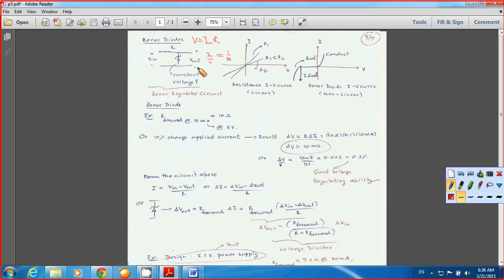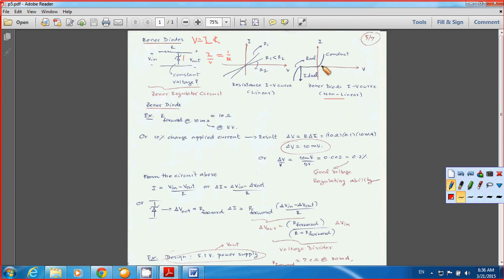But the IV characteristic of the Zener diode is not linear. It has an IV characteristic like this one here. When you have V0, you have current flowing through the diode.